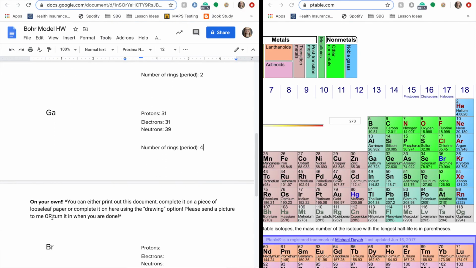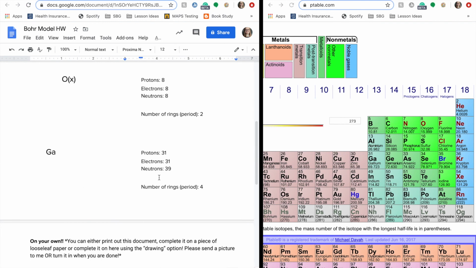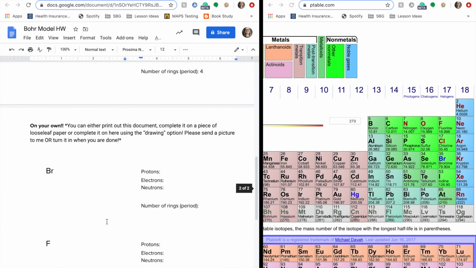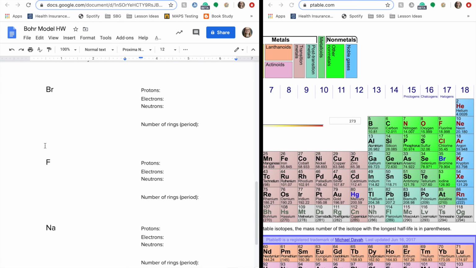Alright, now that the example is over, and I will have the pictures on here after when I post this for you guys so you can see them, I want you to just try to do these. I understand that maybe right now it's still really confusing, and we're going to try our best to do this online, but just try them out.